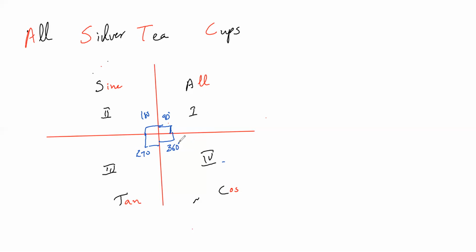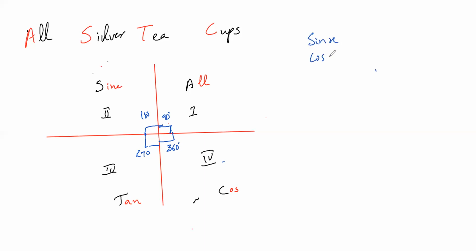This is something you will learn extra in the session. All Silver Teacups has a practical application, which we'll learn further down the session. But the most important thing is that if we draw diagrammatically, we'll understand much better.